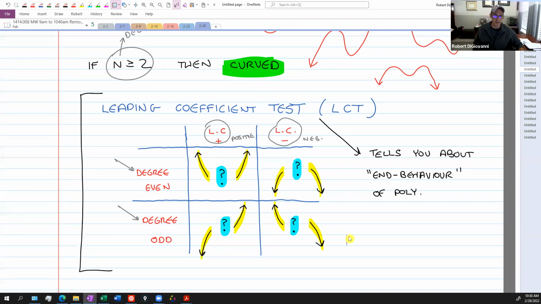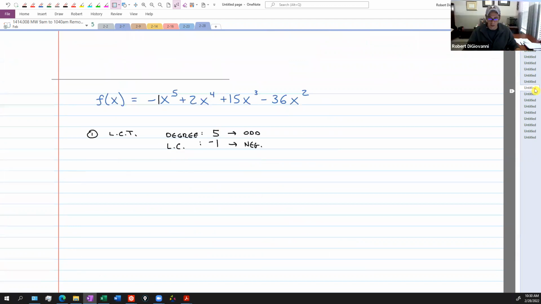That would be the last square on the odd degree row. Okay, does the left side go up or down? Up. And the right side? Down. Good. So it's this one right here. Left side up, right side down. That's all we know so far: the left side goes up, the right side goes down, and in the middle, who knows? It's going to do a bunch of crossing and bouncing.